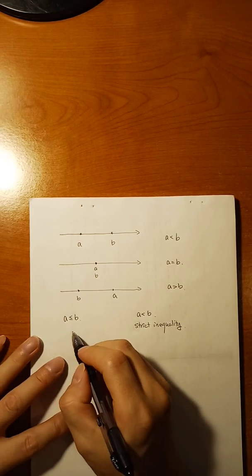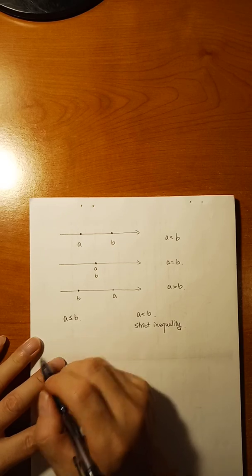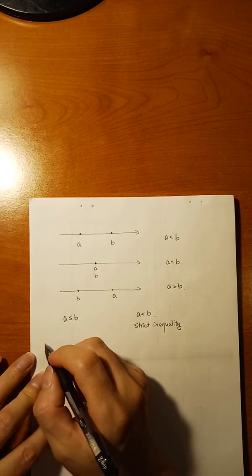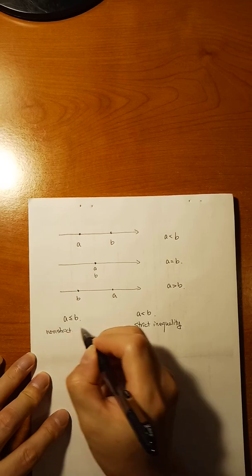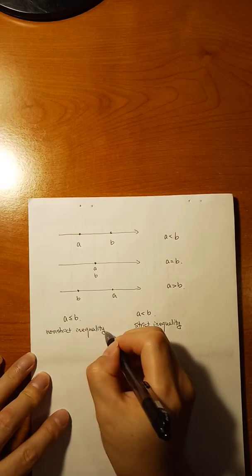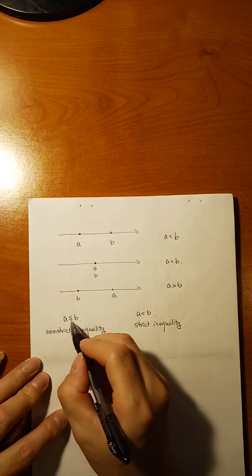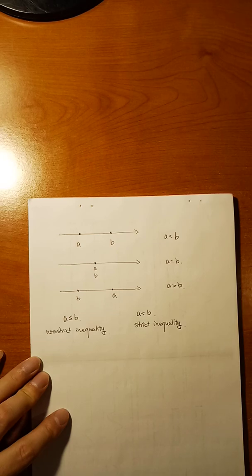And here it means possibly A is equal to B, or A is strictly less than B. This is called a non-strict inequality. Okay, so there's one more chance, A equal to B. Here, that's not going to happen.